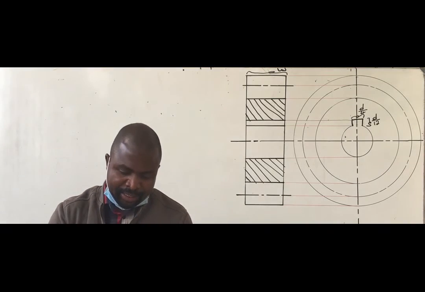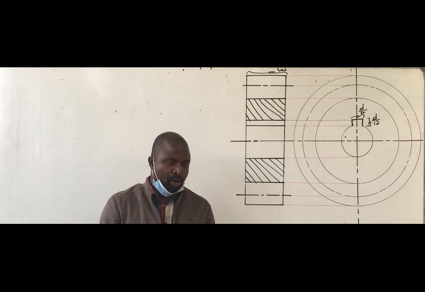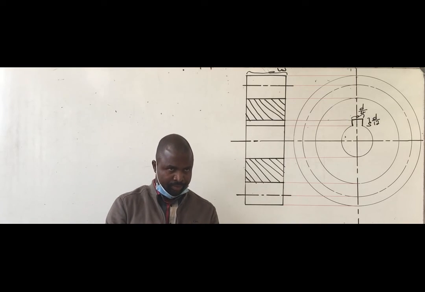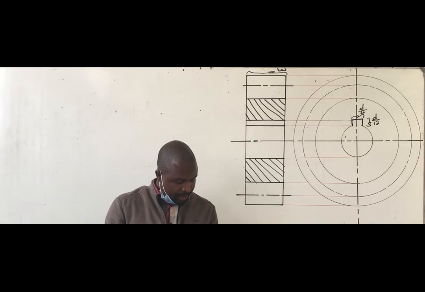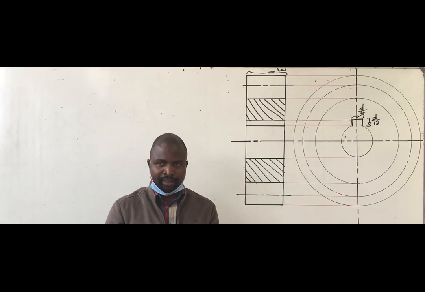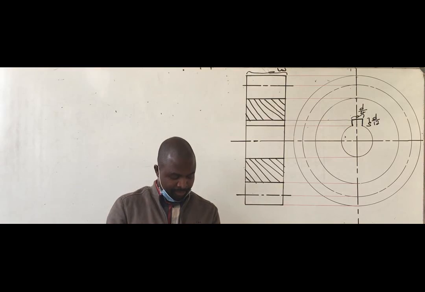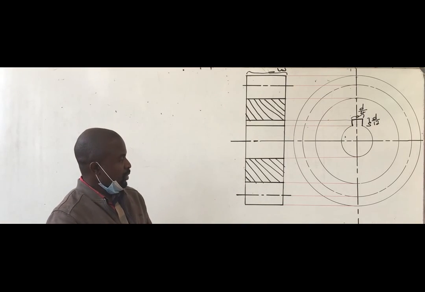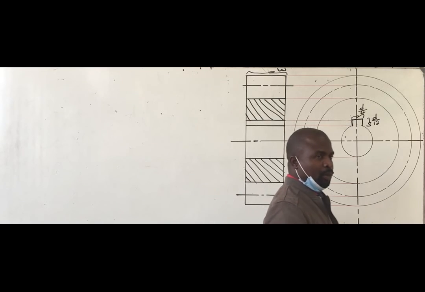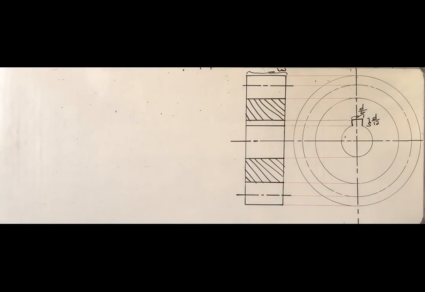Those two gears are the same as on page 86. Number 3, they are looking for something like on page 63, figure 3.13. So in that case, you're supposed to draw 2 gears. This is the first gear.